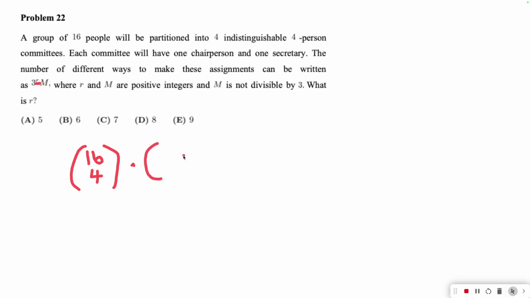How many ways can you choose the next committee? The next would be 16 minus 4, so there would be 12 people left, and from them we're choosing 4. And then for the next one, there are 8 people left, and we're picking any 4 of them. So I choose 4, and finally we have 4 people left, and we're choosing all 4 of them to make up the 4th committee.